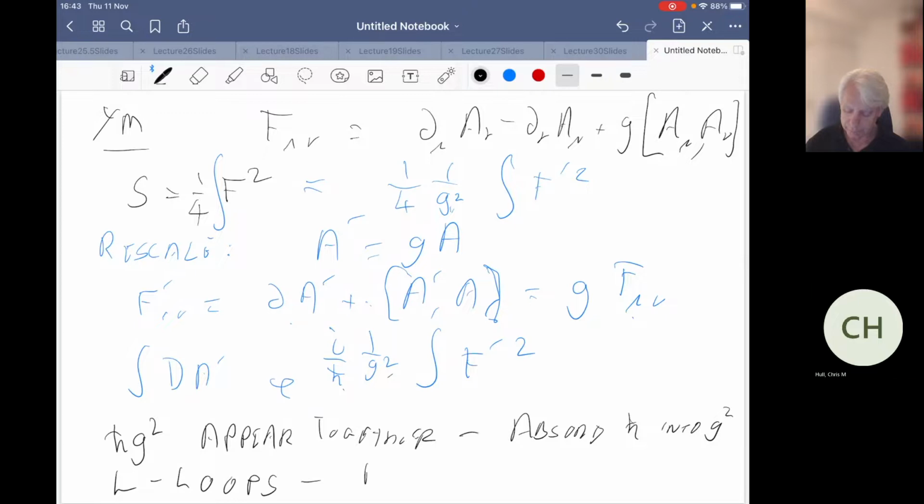a factor of h bar g squared to the power of the number of loops minus 1. So at 0 loops or tree level, we have the 1 over g squared that appears in the action, and an L loop contribution will be of order a factor of L minus 1.